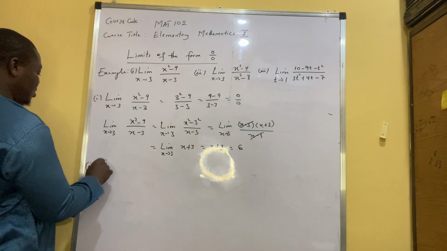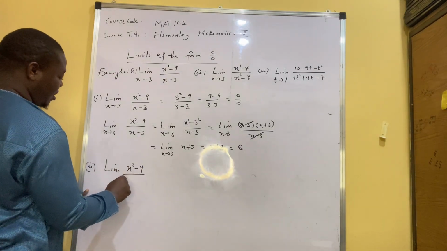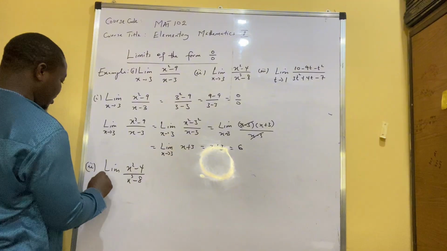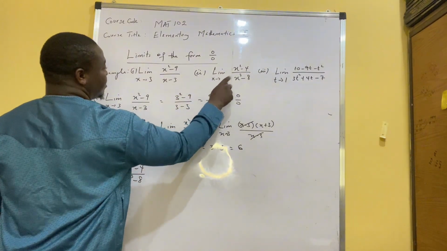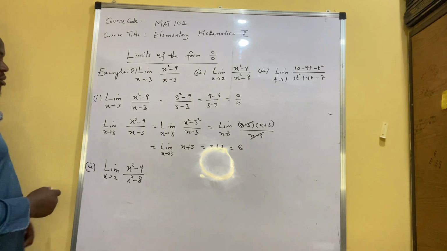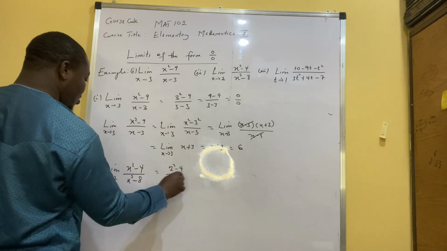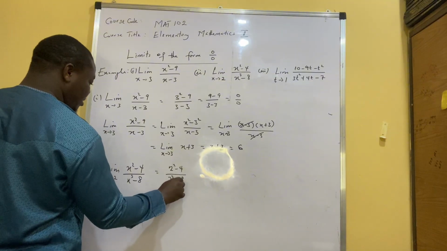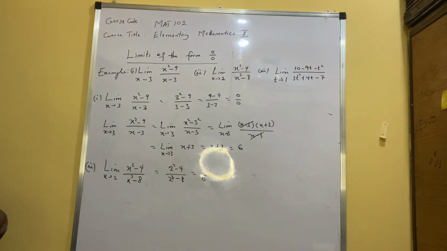So the second one, we also have the limit of x squared minus 4 over x cubed minus 8 as x tends to 2. So also, if you substitute directly, you're going to have 2 squared minus 4 over 2 cubed minus 8, which is 0 over 0. So next, what we do is to factorize both numerator and denominator.